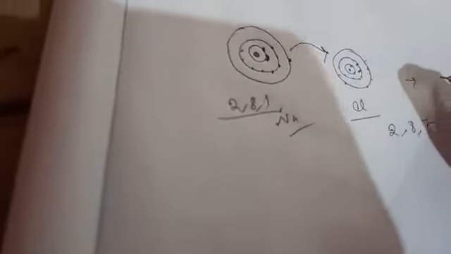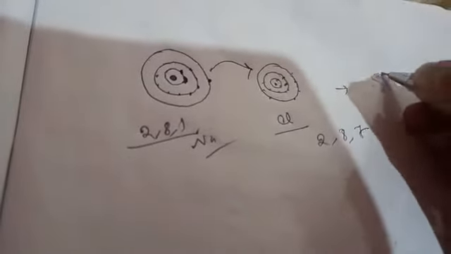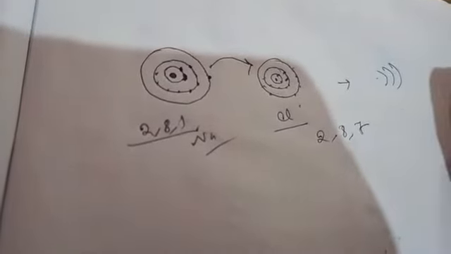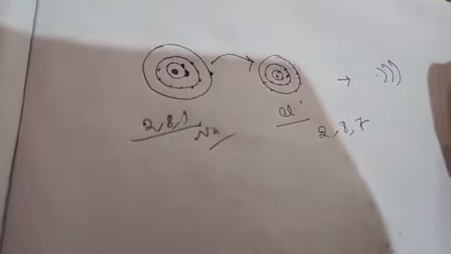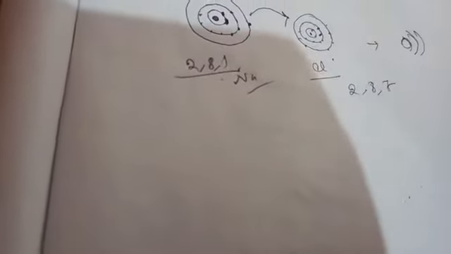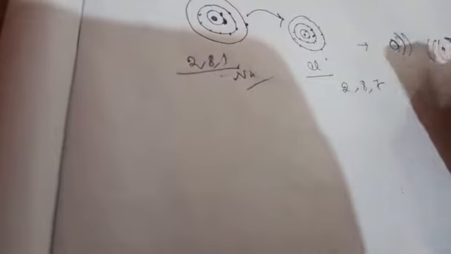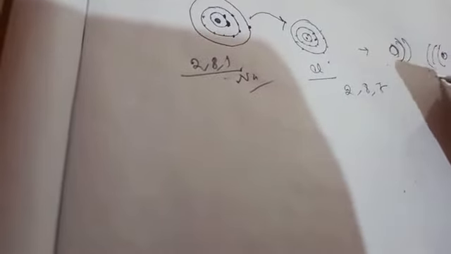In the next stage you need to draw once again the shells. For sodium you need to draw only 2 shells, that is, if this is the nucleus then you need to draw the 2 shells, that is 2, 8, and for chlorine you need to draw the 3 shells, and the nucleus, that is after accepting it is 2, 8, 8 and after donating it is 2, 8.